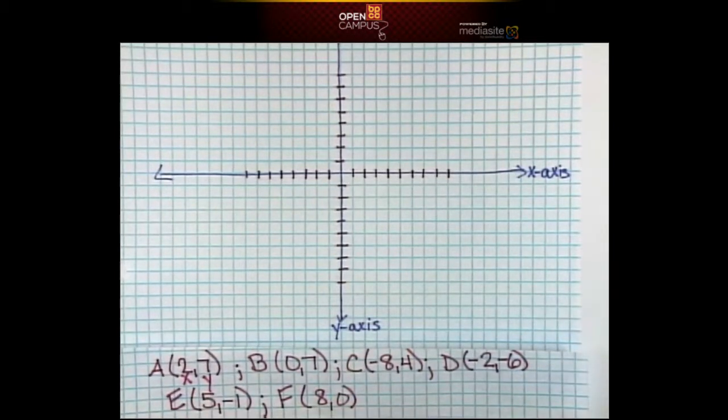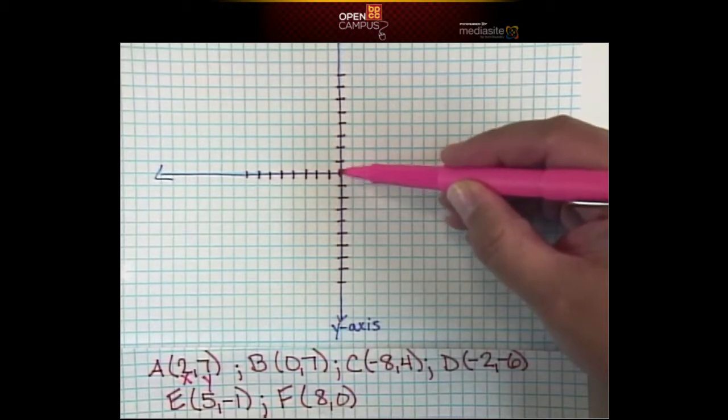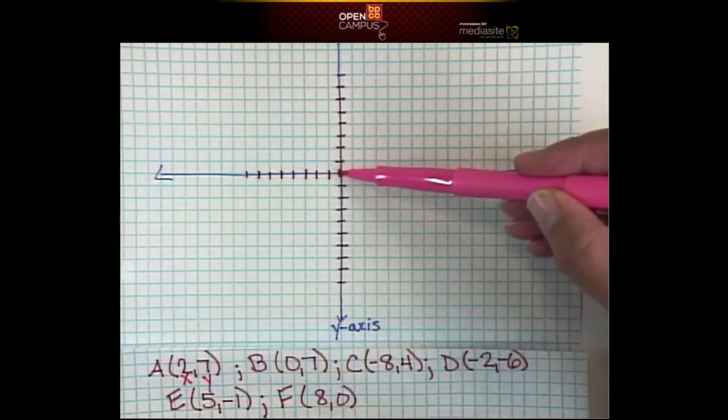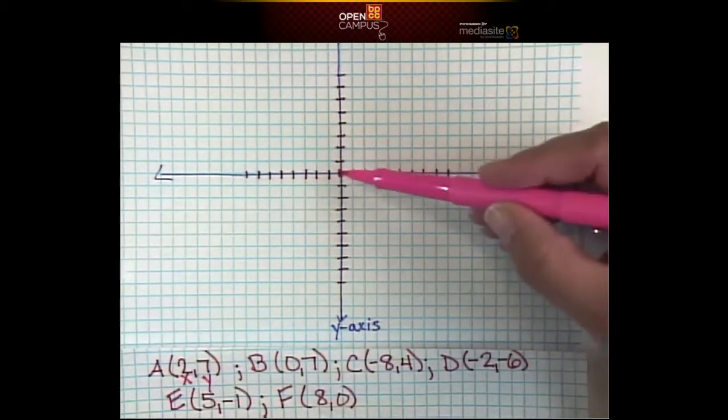Now how do I do that? Well, on the screen it said, start at the origin. You're going to first move horizontal, +2. So here is your origin. I'll put a dot right there. You want to move 2 spaces to the right because the x value is +2.